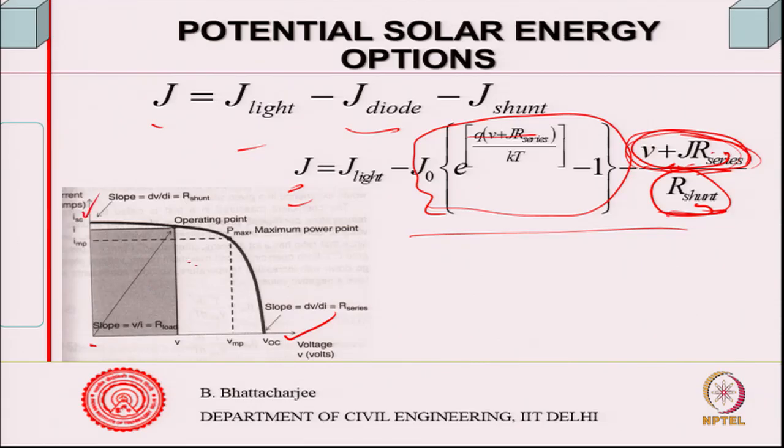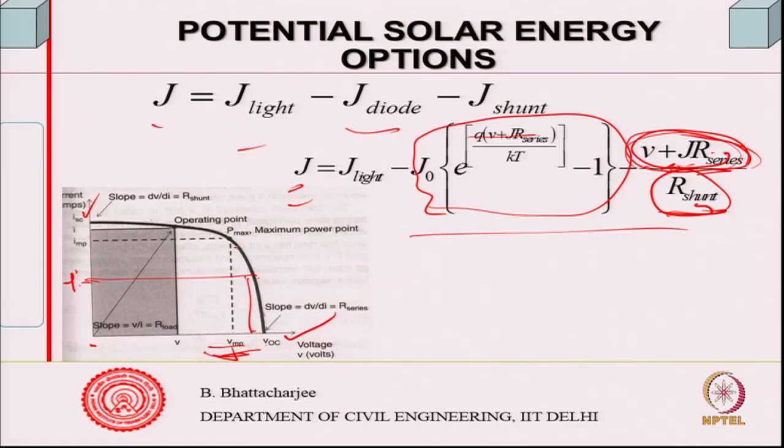In between, at different loads, this keeps on changing, it reduces. You put some load, and at this point, this is the current and this is the potential you will get.